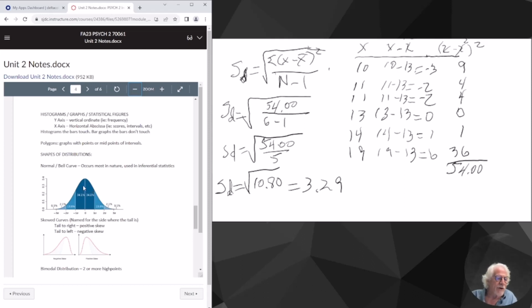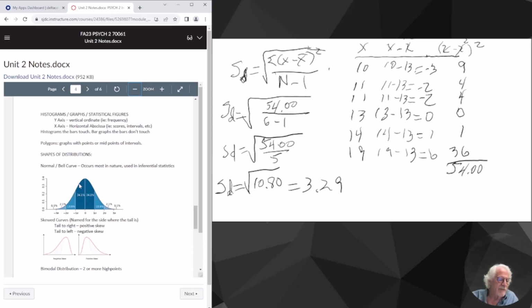And so if your score was between 13 and 16.29, then you would be equal to or less than one standard deviation above the mean. And that above and below is going to become very important. Say I scored a 10, I would be in this section, wouldn't be exactly right. So this would be 13 minus 3.29, which would actually be 9.71.